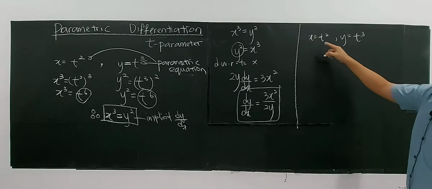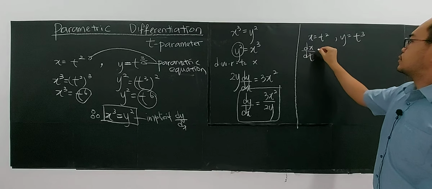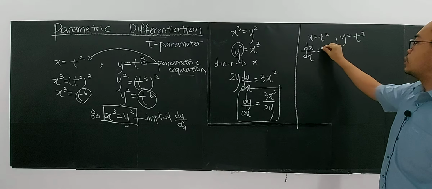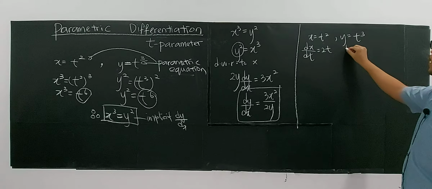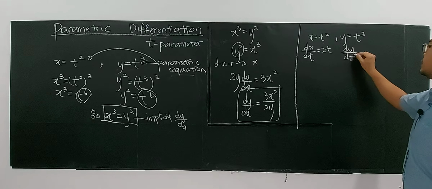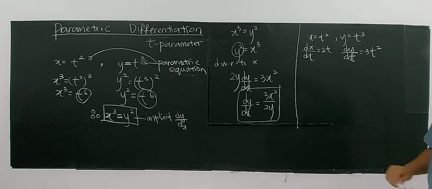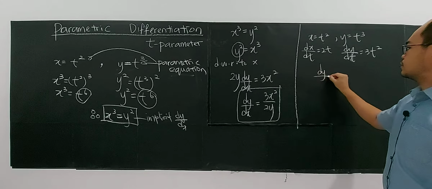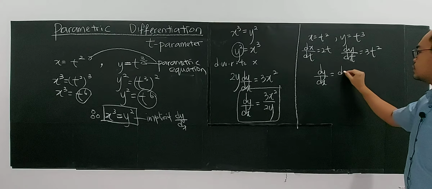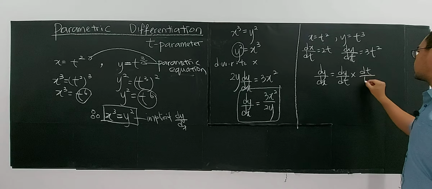Now I want to differentiate this. dx/dt is 2t, and dy/dt is 3t squared. For dy/dx, I'm going to use the chain rule: dy/dt multiplied by dt/dx.